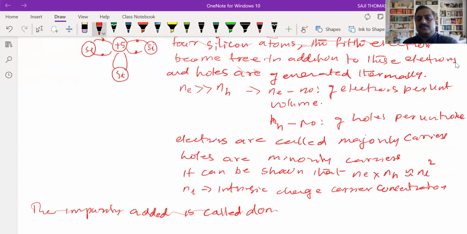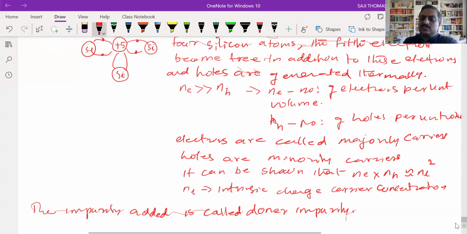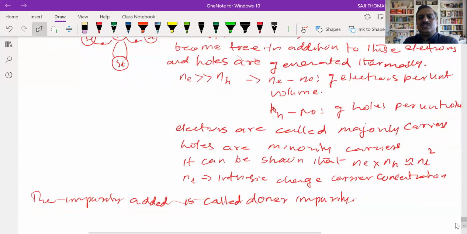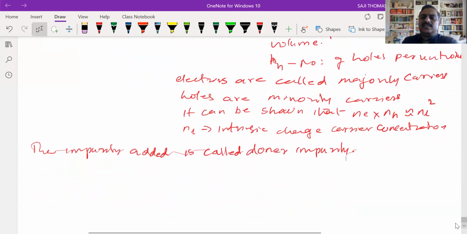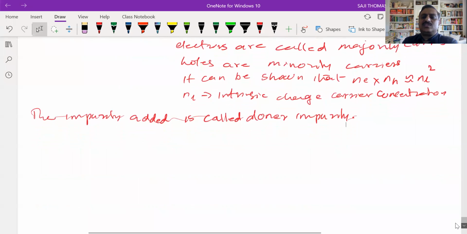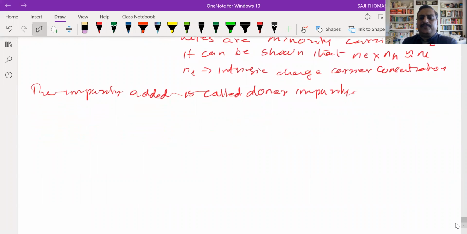These electrons have little less energy than conduction electrons, so they form an energy level just below the conduction band. This energy level is known as the donor energy level.